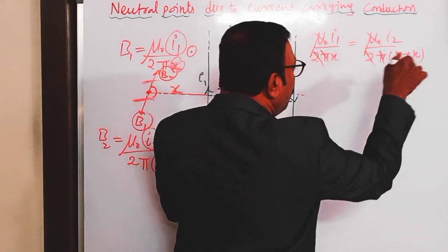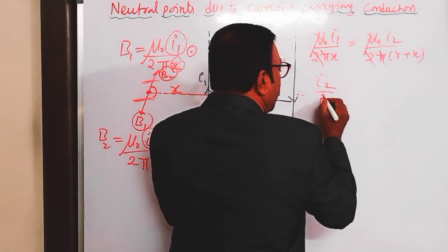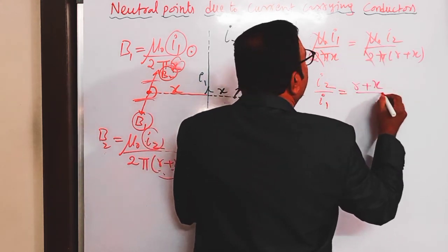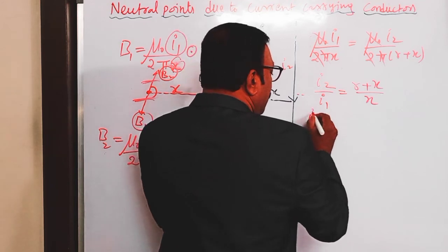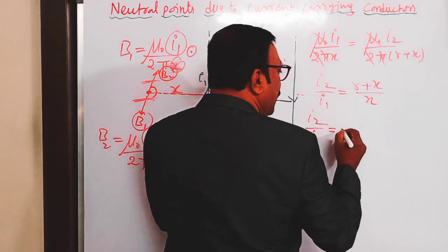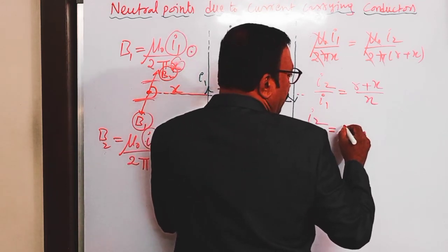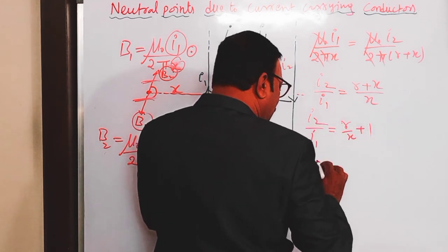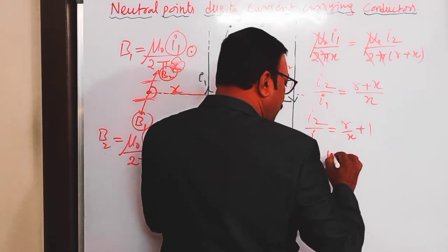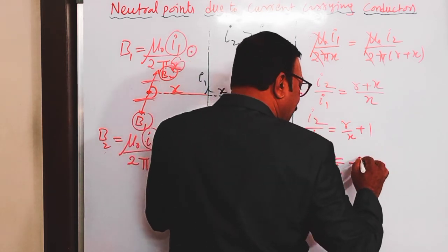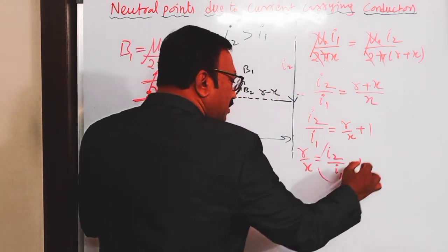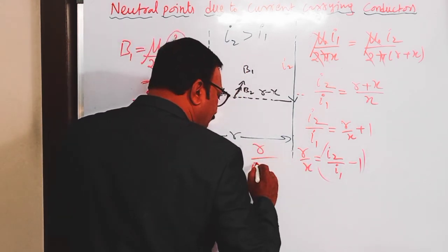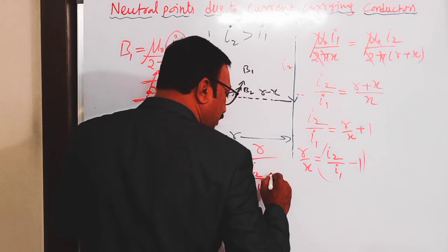Then I2 by I1 is equal to (R plus x) divided by x. Therefore, I2 by I1 is nothing but R by x plus 1. Therefore, R by x is equal to I2 by I1 minus 1. Just cross multiply. Therefore, x is equal to R divided by (I2 by I1 minus 1).